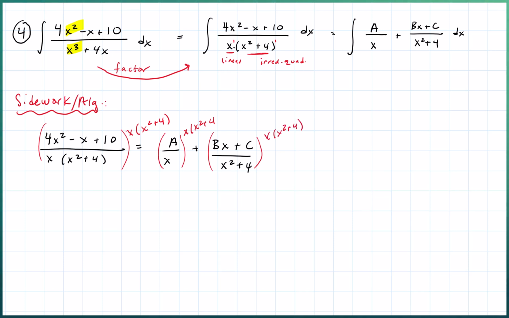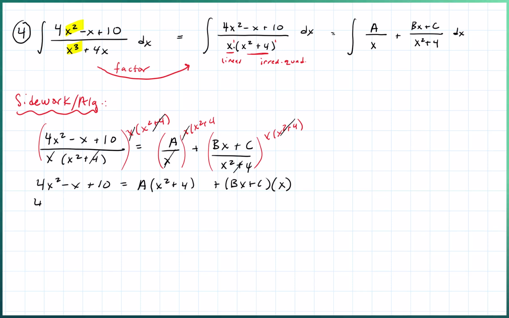That will clear out the fractions, and I will end up with 4x squared minus x plus 10. Over here, the x's will cancel, so I'll get A times (x squared plus 4). Then I have (Bx plus C), that whole numerator, times now, the x squared plus 4's cancel on that term, and we end up with (Bx plus C) times just x.